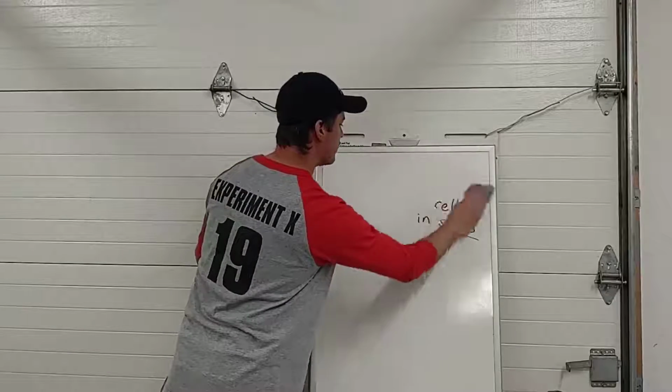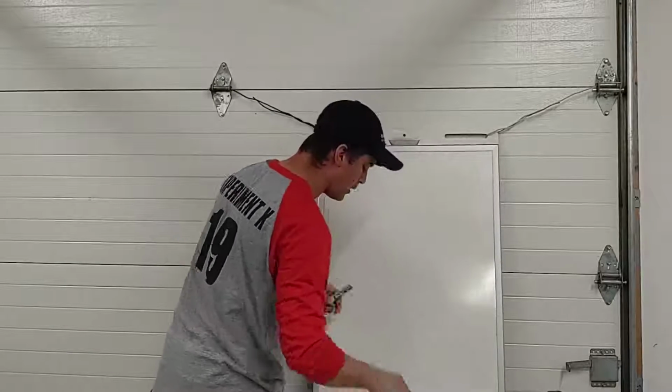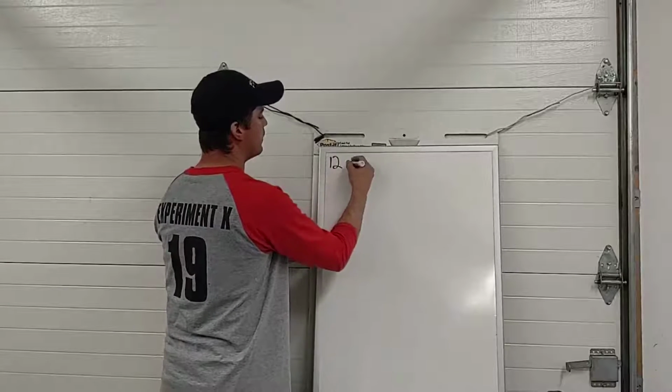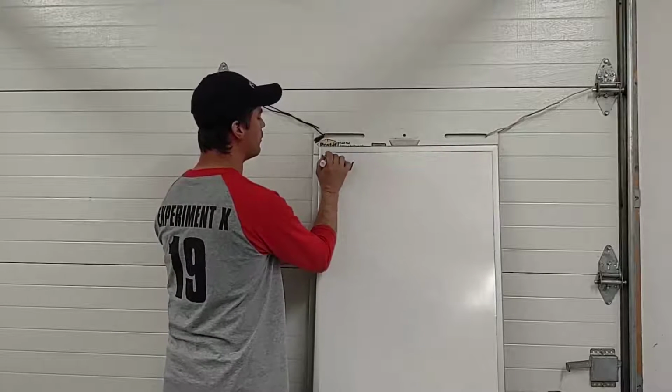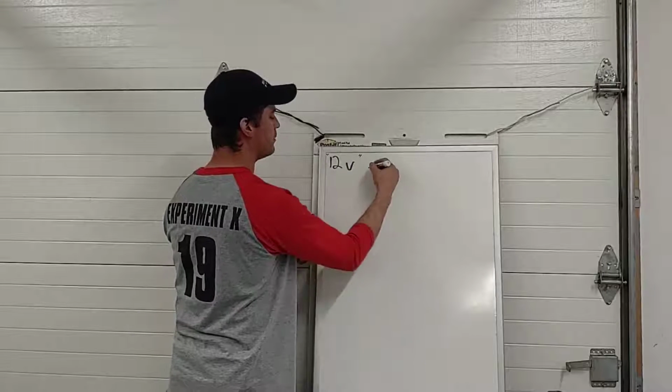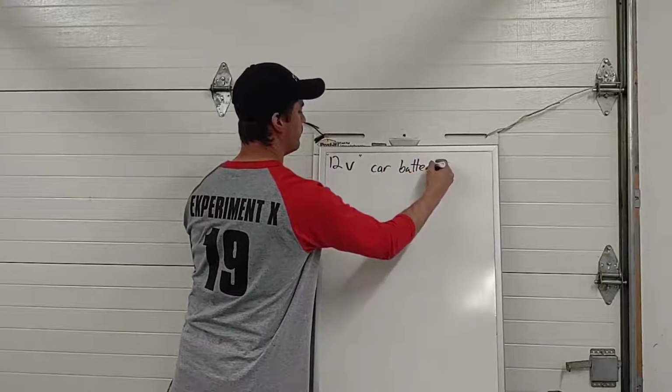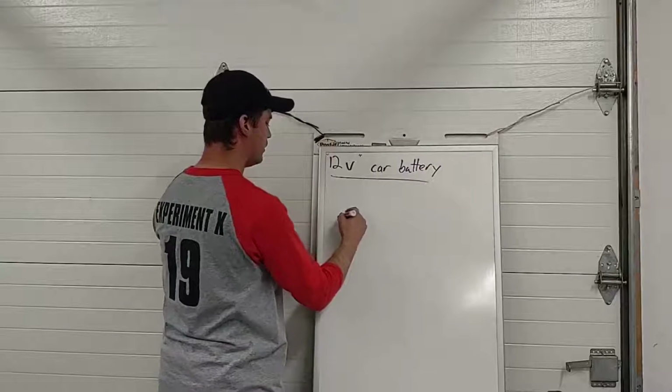So, in our car batteries, as we read in the chapter, there's 6 cells. And that makes a 12-volt battery, although it's not actually 12 volts. See why in a moment.